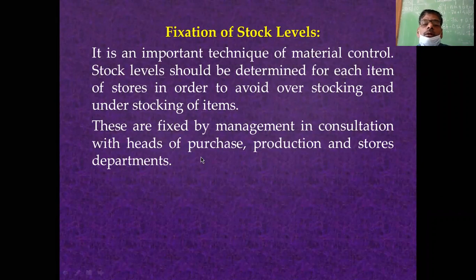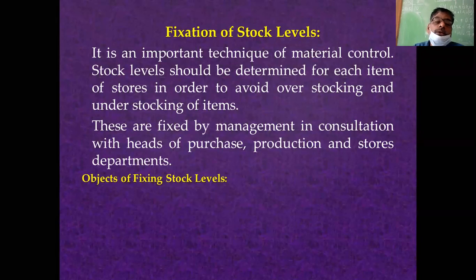The purchase manager purchases, the production manager uses that material, and the stores manager preserves the stock. Therefore, these 3 persons have to sit together, discuss the levels of stock and fix the stock levels.